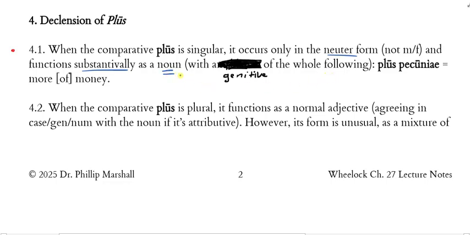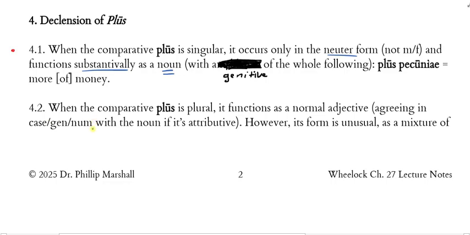And then if we want to specify what there is more of, then we use a genitive of the whole following. So plus pecuniae is literally more of, genitive, money, okay? But you could translate that as more money. You don't necessarily need to use the of. It sounds awkward in English.